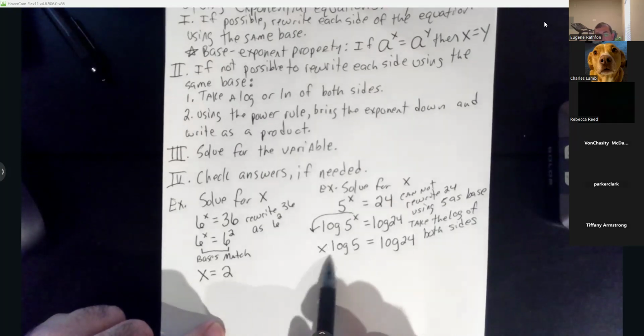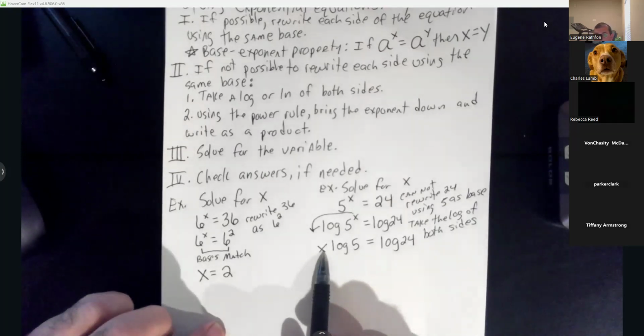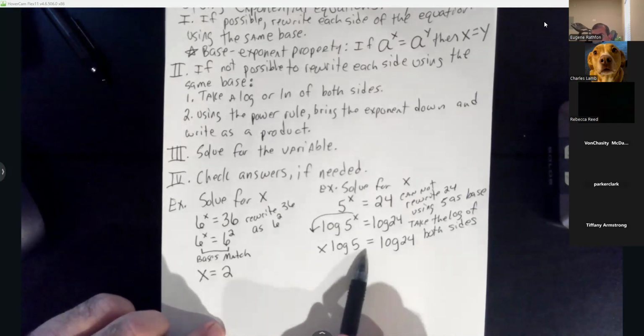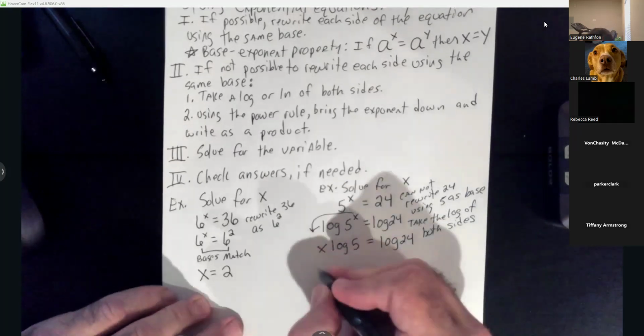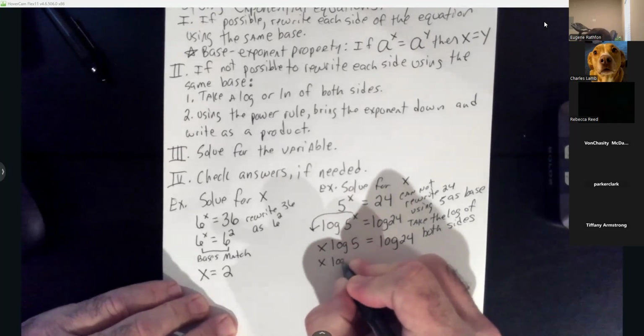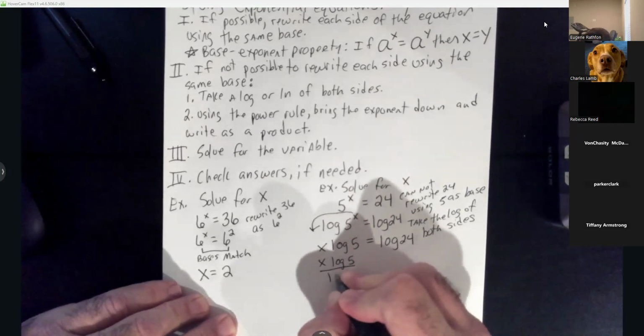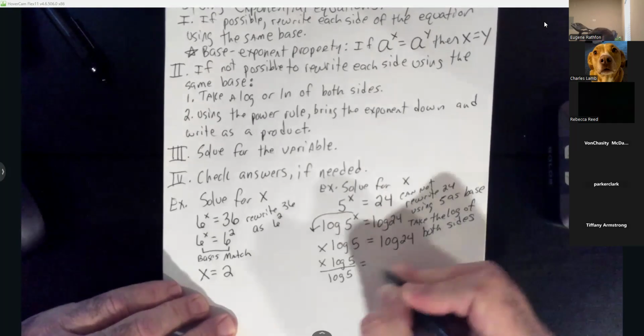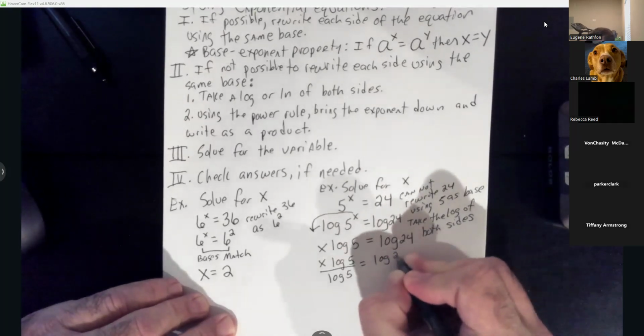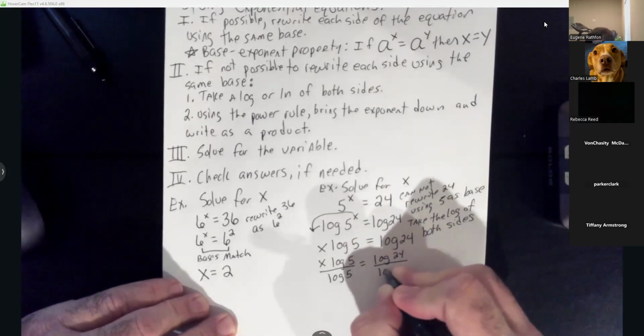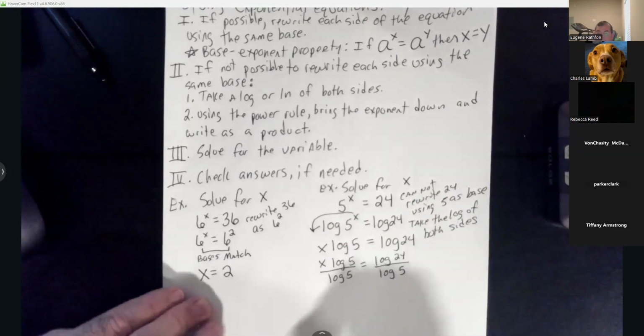Now, the only step I've got to do to get this x by itself is divide both sides by log 5. So I've got an x times log 5 divided by log 5, which is going to equal log 24 divided by log 5.